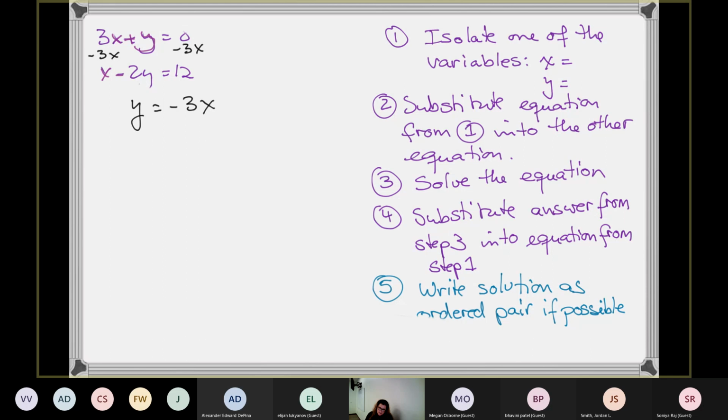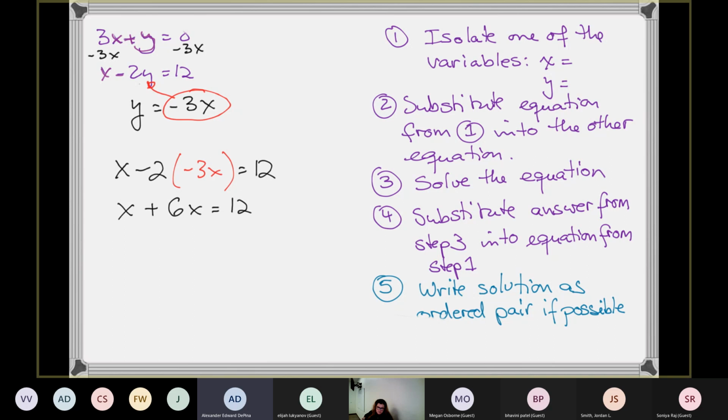Now we're going to substitute the equation from step one into the other equation that we haven't touched. So the other equation is x minus 2 times negative 3x equals 12. Replace the y with negative 3x, and then we do the arithmetic. That would be a plus 6x equals 12.